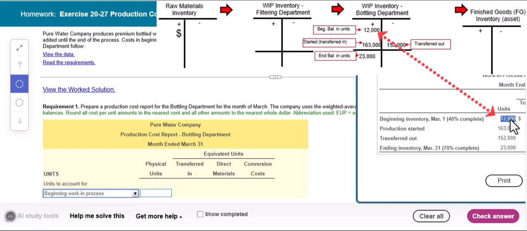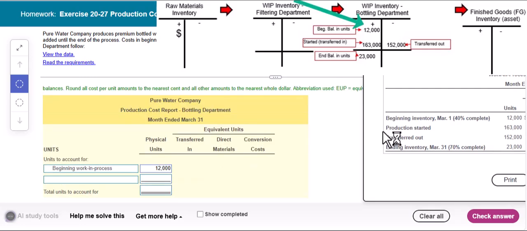We can copy, paste, or type that in. These 12,000 gallons were 40% complete. Because they were incomplete, they started the month in the work in process for the bottling department. And then we started production of 163,000 units.